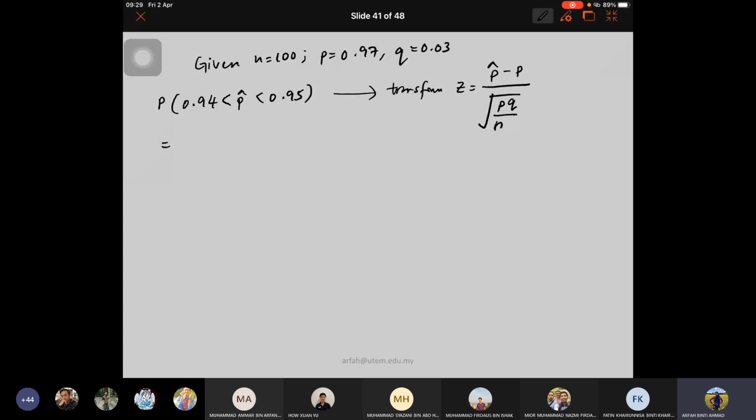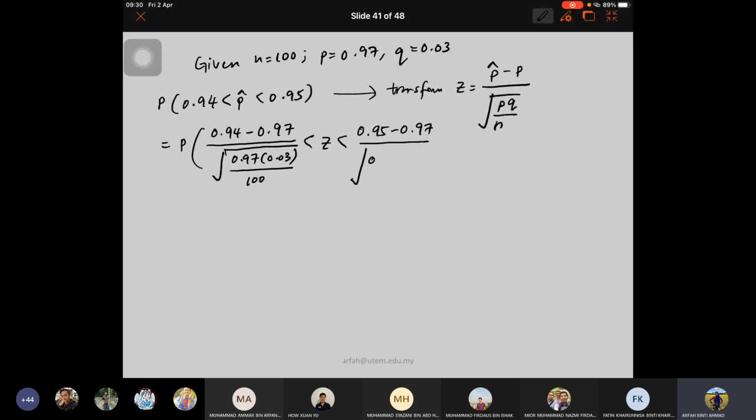So this equals the probability of 0.94 minus 0.97 divided by the square root of 0.97 times 0.03 over 100, lies between Z and 0.95 minus 0.97 over the square root of 0.97 times 0.03 over 100. Try calculating, then look at the normal distribution table. How much do you get?